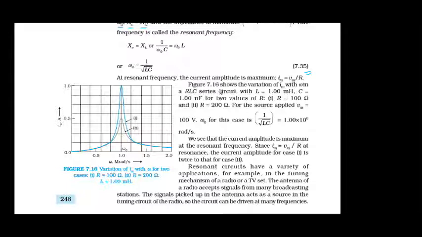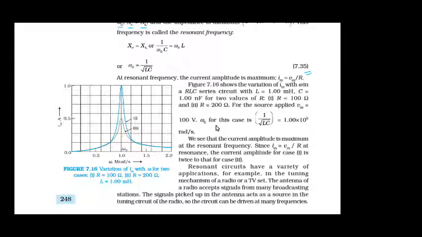Figure 7.16 shows the variation of Im with omega in an LCR series circuit with L equal to 1 mH, C equal to 1 nF, and two values of R: one value is 100 ohm and the second value is 200 ohm. For the source applied, Vm is equal to 100 volt.